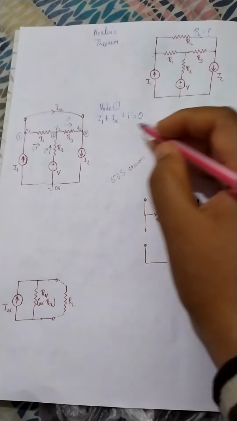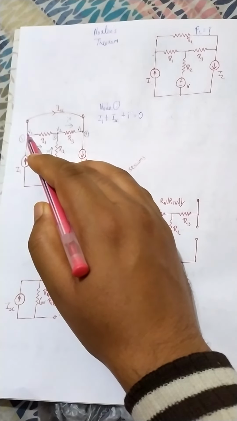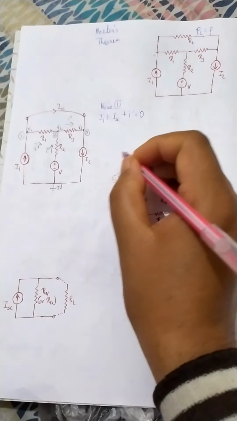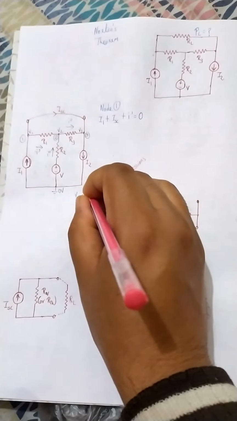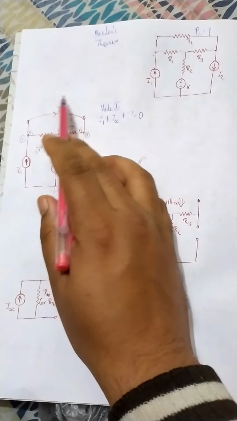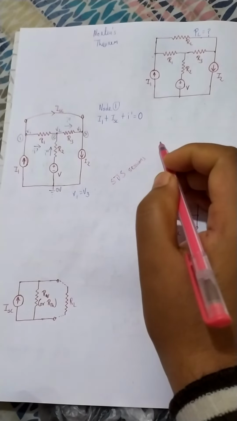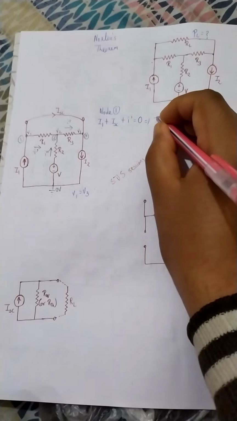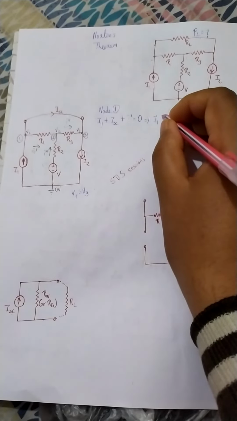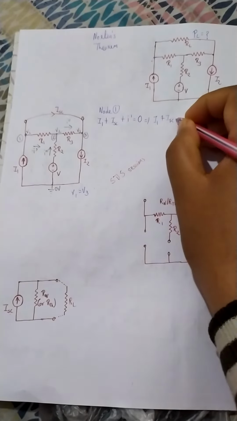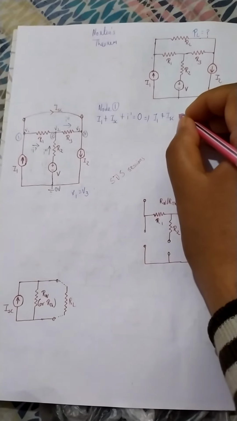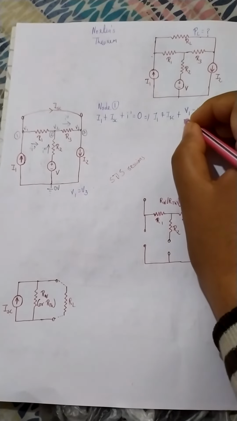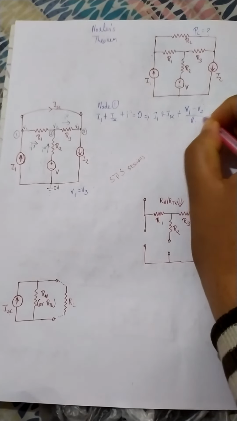One more point we need to consider: this point and this point are short circuited. So V1 should be equal to V3 because they are shorted together, so they should be at the same potential. Now what is I1? I1 is a constant value. ISC is a variable. And I dash is V1 minus V2 by R1.